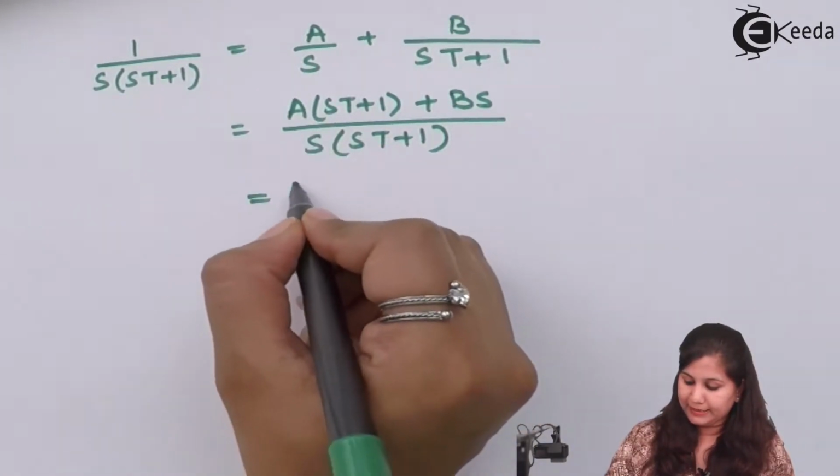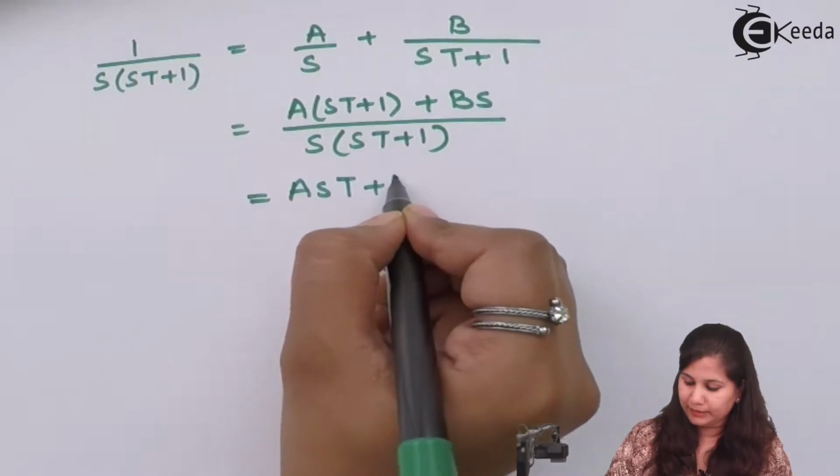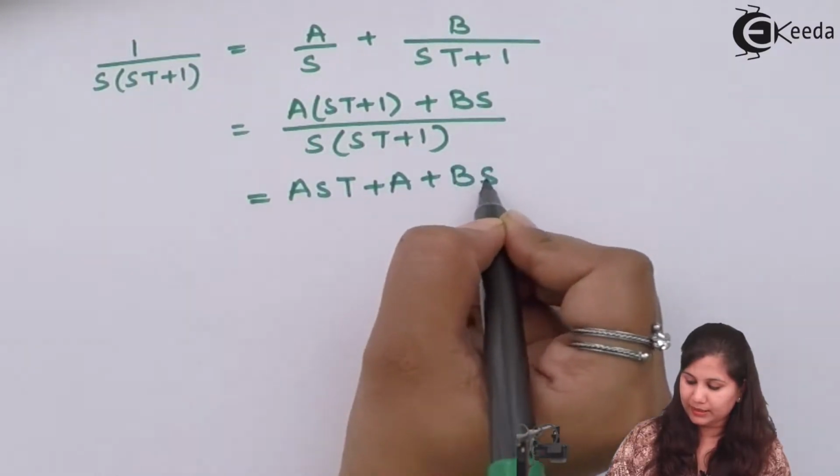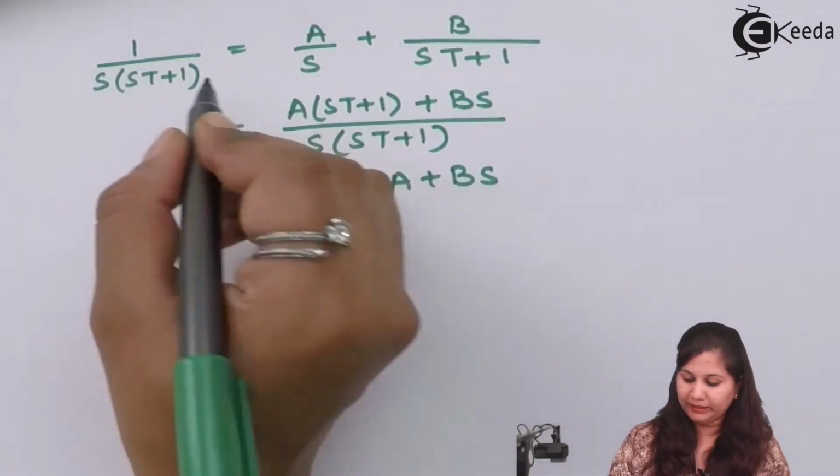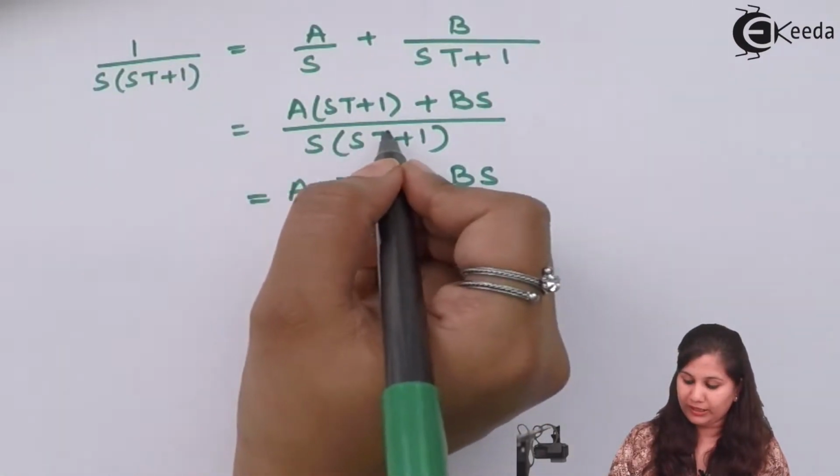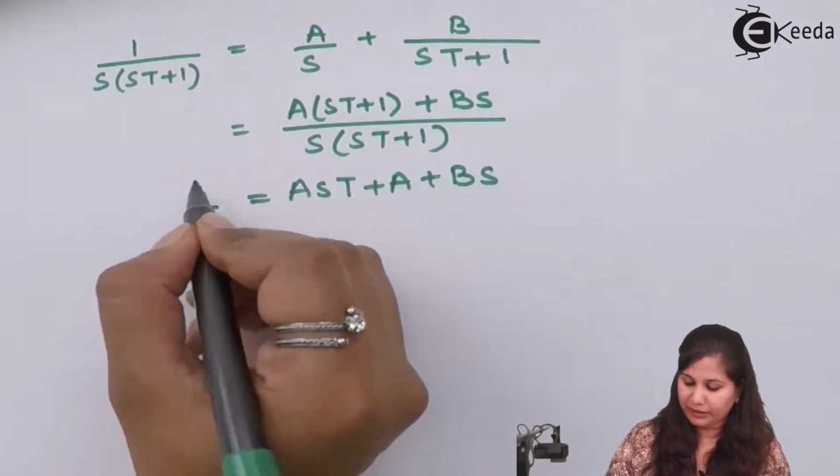So multiplying this A here, AsT plus A plus Bs, and the denominator terms are the same, so we can cancel them and we will equate it to 1.